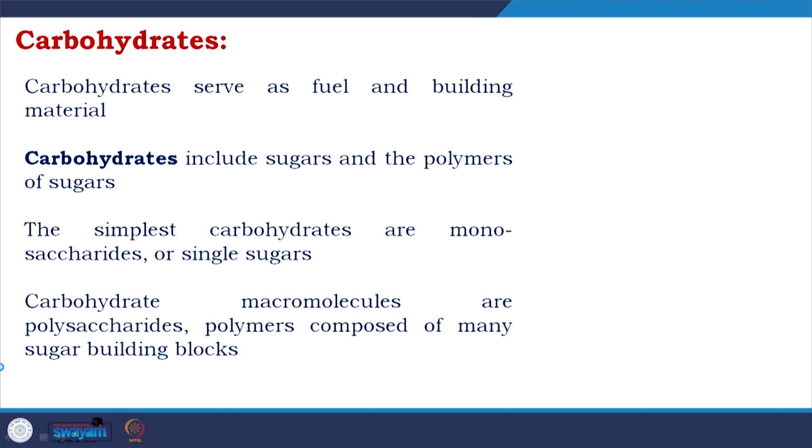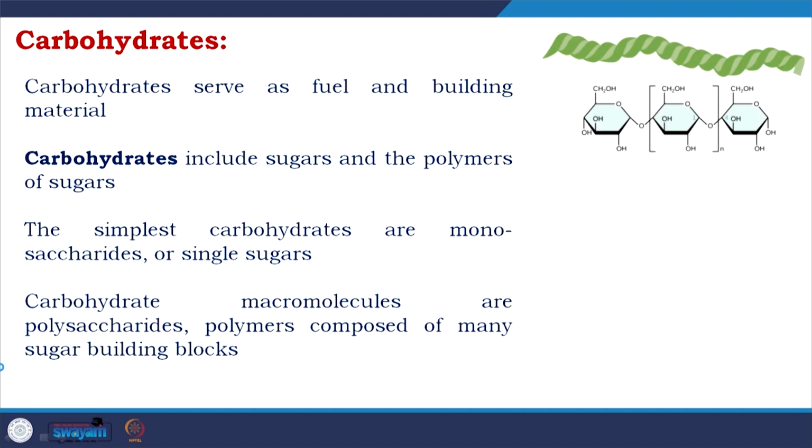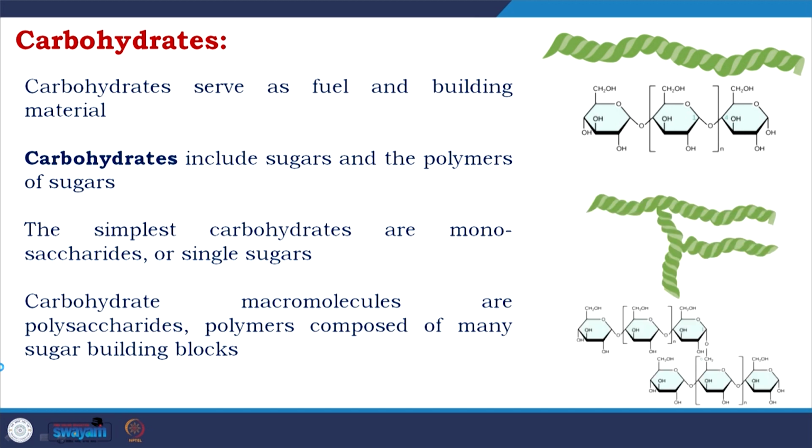Carbohydrate macromolecules are polysaccharides, polymers composed of many sugar building blocks, and that polymerization can be straight chain or it could be branch chain, and that is one of the difficult things to study in carbohydrate. If you look at these bondings, they could be formed in many ways.